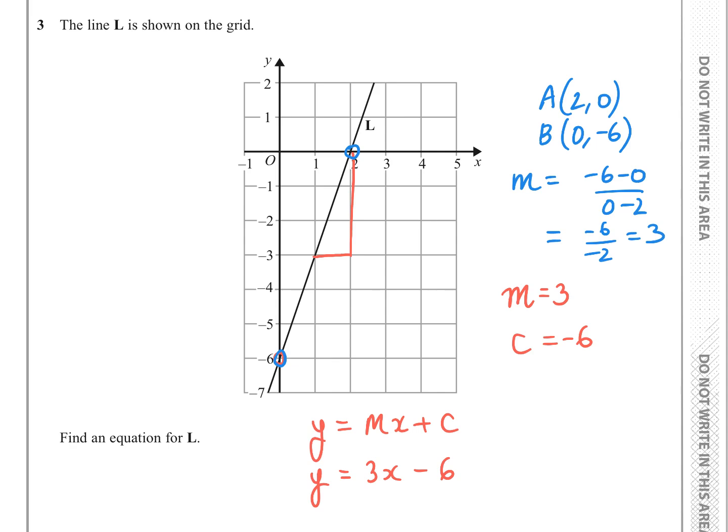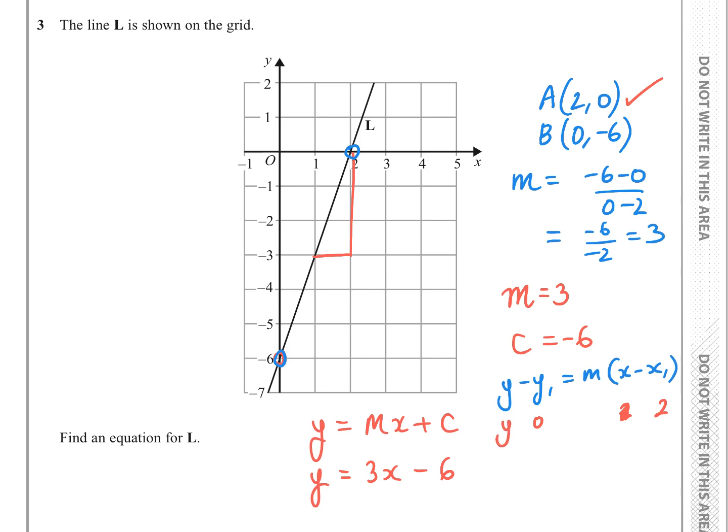And some of you might know the formula, y minus y1 is m(x minus x1). And all you do is choose one of your coordinates that you know. So this one, it's the easiest one. And you just substitute x1 for 2 and y1 for 0.